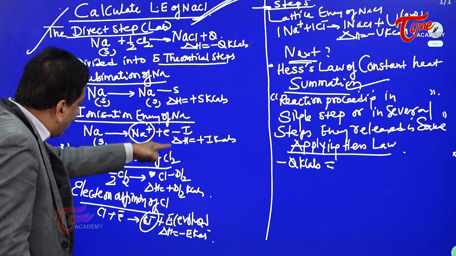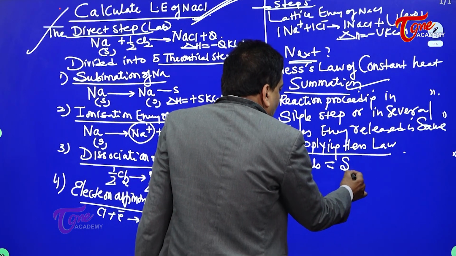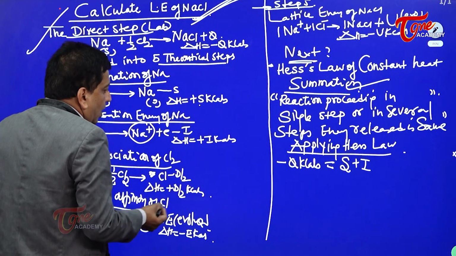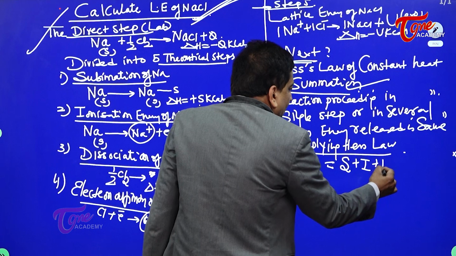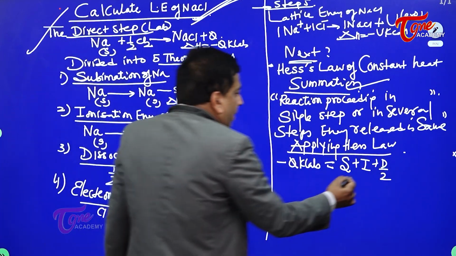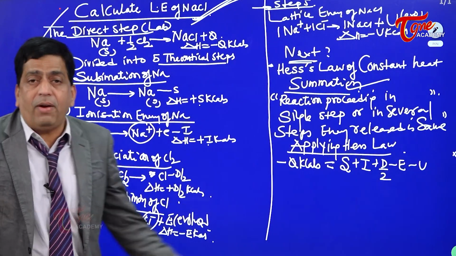And I want to take the delta H values here. So it will be equal to S plus I plus D by 2 minus E and minus U. I have applied Hess's law.